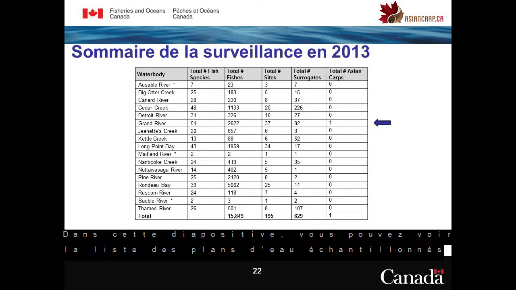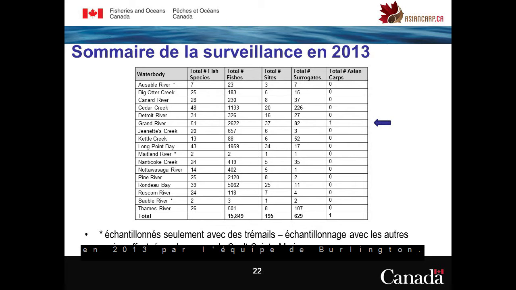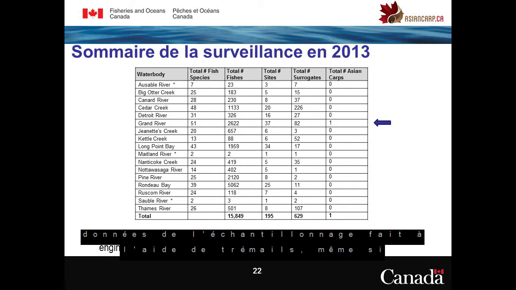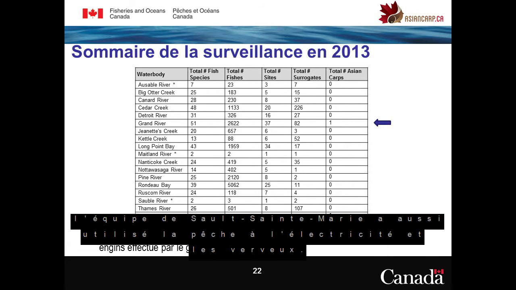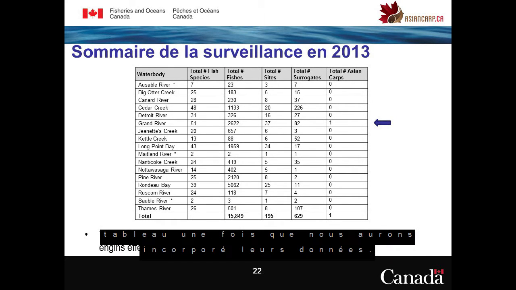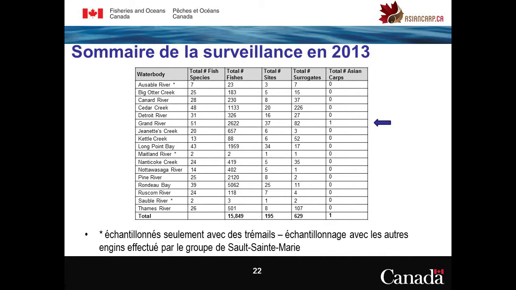So in this slide, you can see the list of water bodies we sampled in 2013 out of Burlington. Please note that the sites with the asterisks only have the information from trammel netting, although they were boat electrofished and fyke netted by the Sault Ste. Marie group. So we would expect there to be more fishes and more sites in this when we incorporate their data.